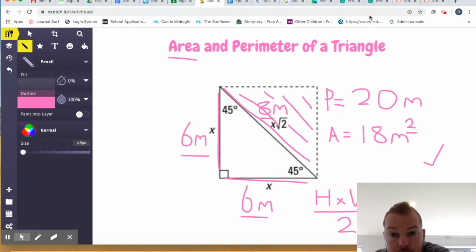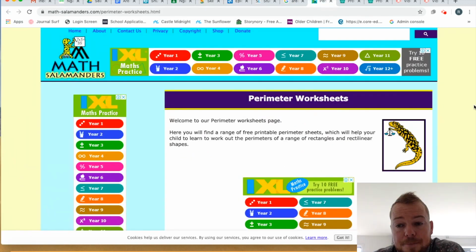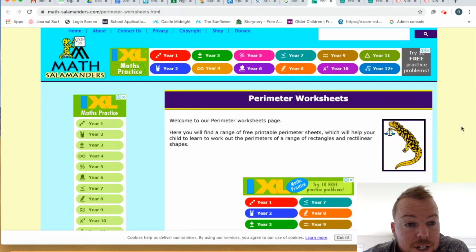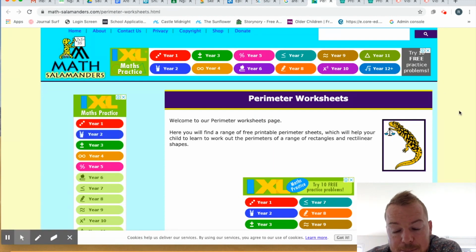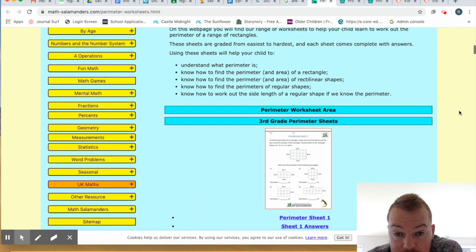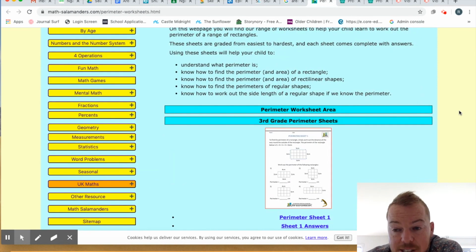Awesome. Now, in terms of some follow-up work for this, I will link into the description box of the YouTube video. Now, this is from Maths Salamanders, and what I got here was a whole range, and the reason I've done this is it's a range of levels.